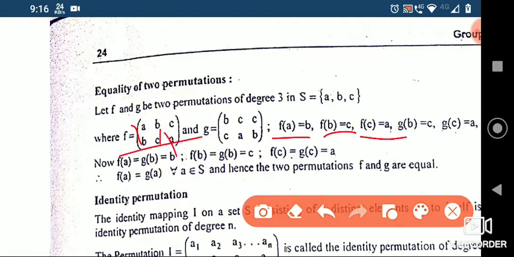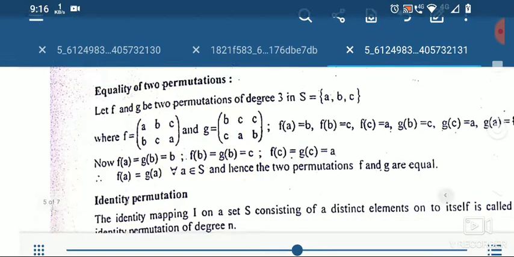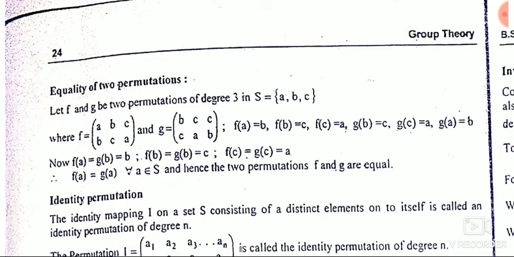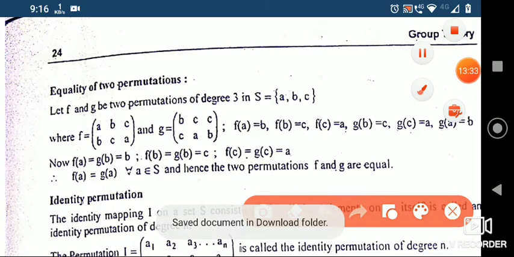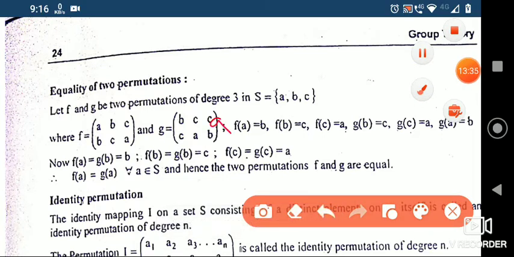So f is correct. g of b is equal to c, that is correct. g of c is equal to a, that is also correct. And what is the last one? g of a is equal to b. But they have written c there. That is not possible. So you have to correct this to a.